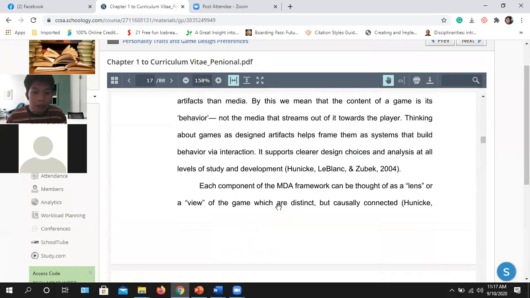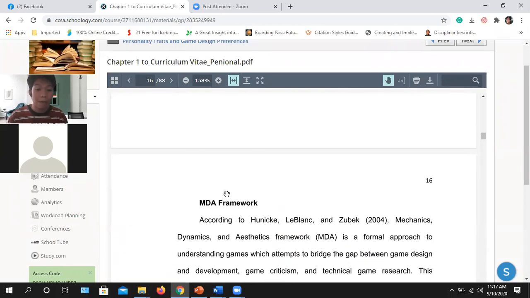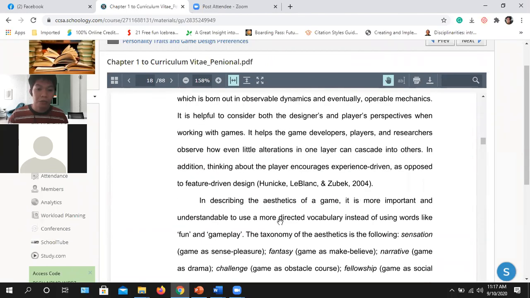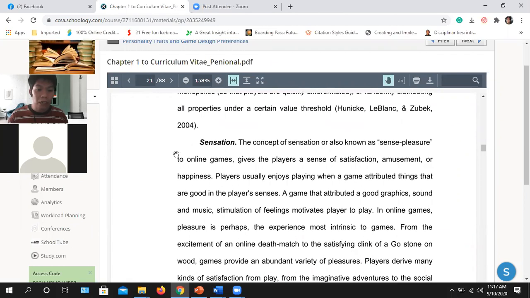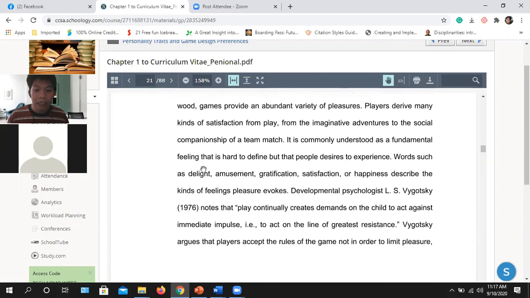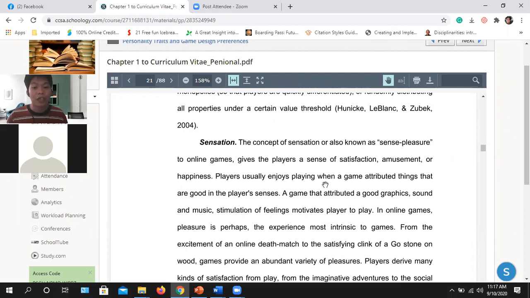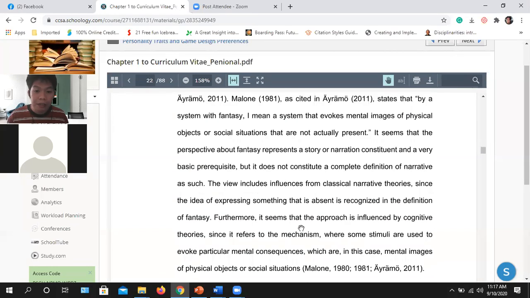For example, the proponents of the MDA framework were Hunicke, LeBlanc, and Zubek. But when it comes to the specific indicators, like sensation, it's fine if you find related literature not authored by the proponent of your theory.